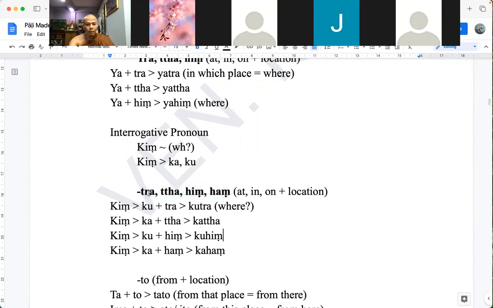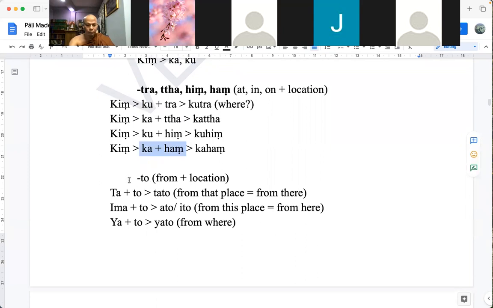Here ka comes to ku, so kutra, where, and kata also where. Kuha also where, and kaham also where, in which place or where. And now the suffix dha: from a location, the meaning is not at or in, but from.